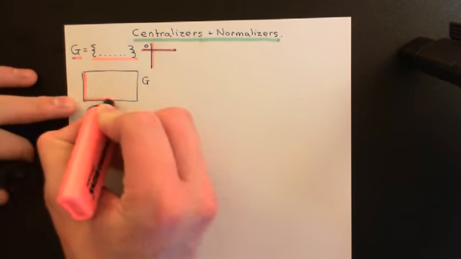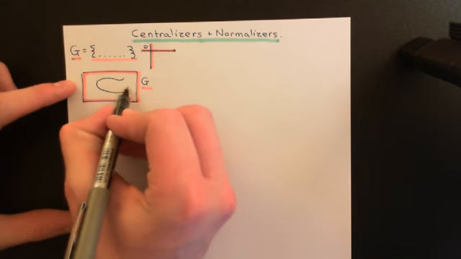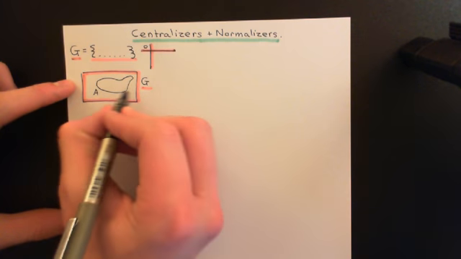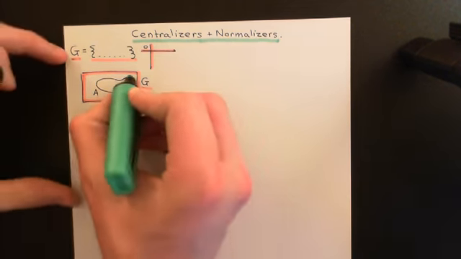And what I now need is some arbitrary subset, and I want to stress this doesn't need to be a special subset, it doesn't need to be a subgroup of capital G, it just needs to be an arbitrary subset of capital G. So whatever subset you like, and I'll colour this subset in green here. Those are the two things that we need in order to begin a discussion of centralizers and normalizers.